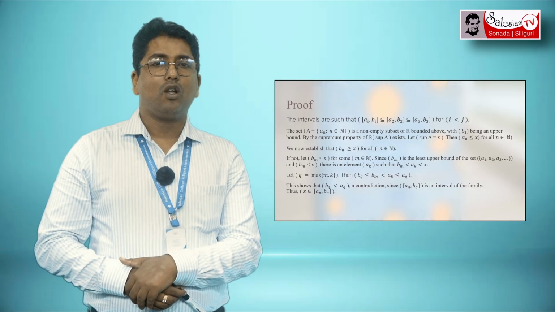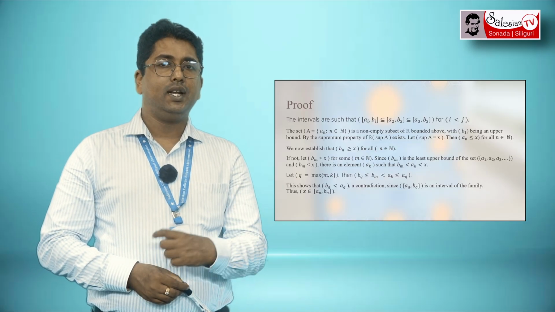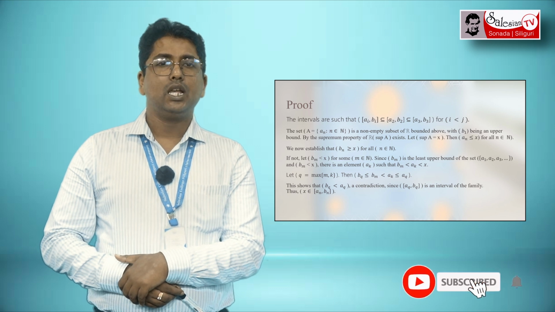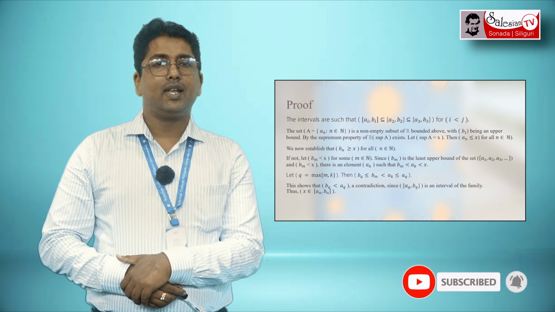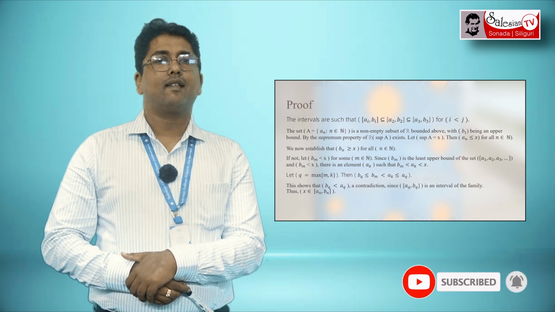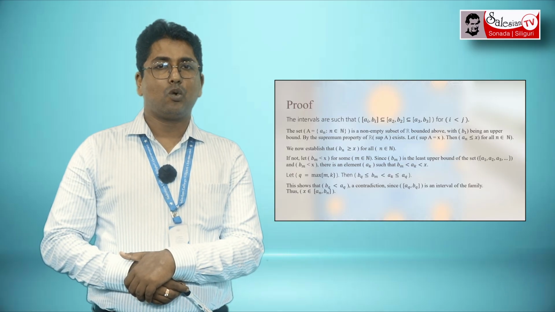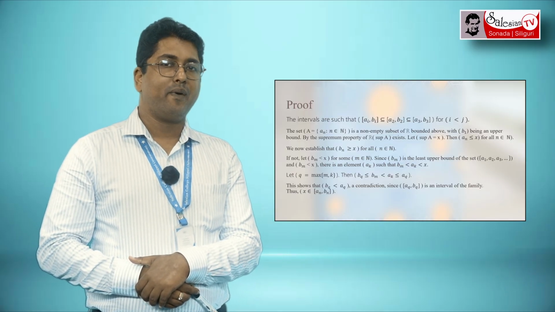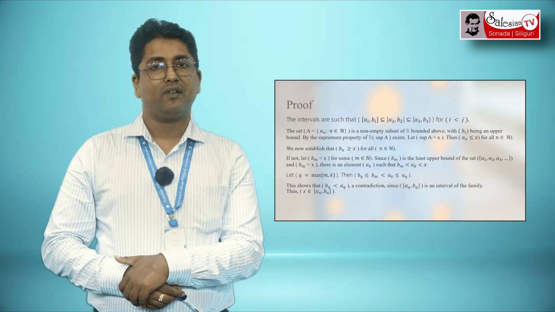So again I am repeating the inequality: a1 ≤ a2 ≤ a3 ≤ ... ≤ bn ≤ bn−1 ≤ ... ≤ b1. That means the starting point a1 is preserved and the endpoint b1 is preserved.